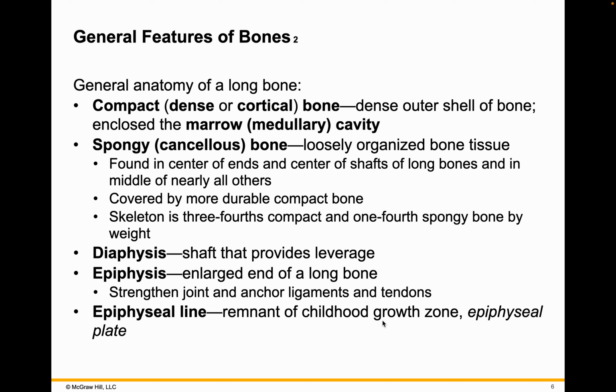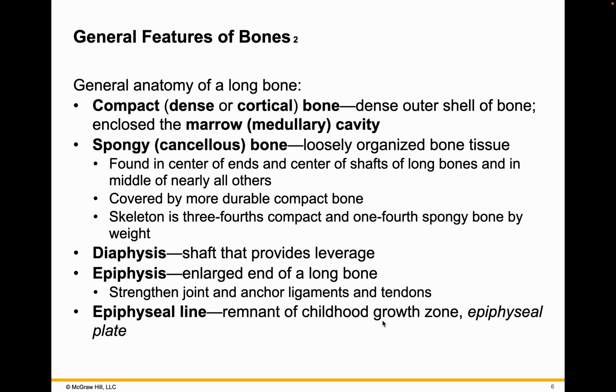A long bone has some general features. There is compact bone, also known as dense or cortical bone, that makes the outer shell. That encloses the medullary cavity or the marrow space. There is spongy or cancellous bone, which is loosely organized bone tissue.